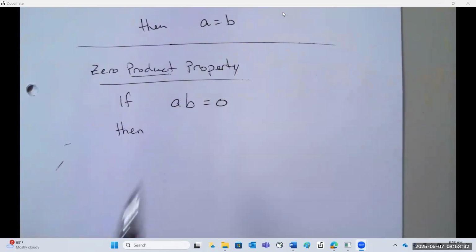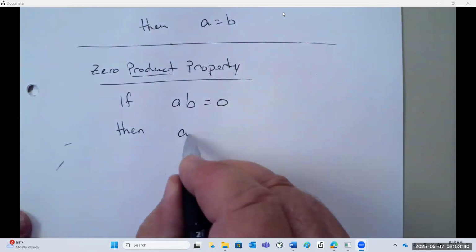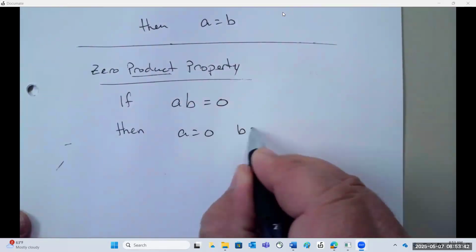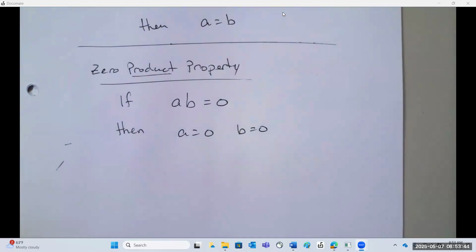For this to be true, what has to be true? A equals 0, or B equals 0, or both of them. We don't know which one, so we solve them both.